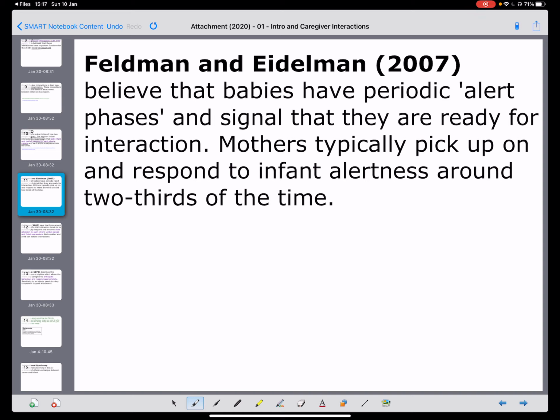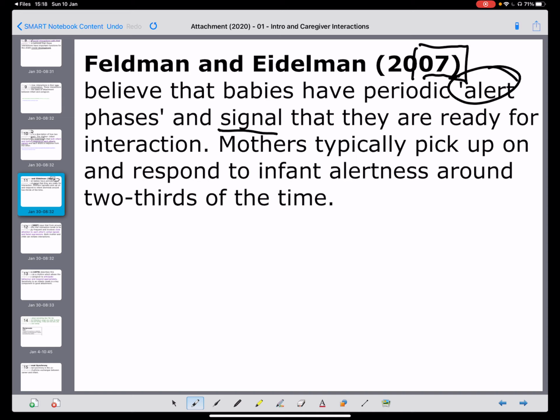There's been a lot of research on this, and the research isn't from the 1960s or 1950s even. It's quite recent, where we are beginning to understand infant reactions a little bit differently. And it says here that babies have periodic alert phases. In other words, they need to sleep, they are growing and all those types of things, but they have these alert phases, which make them want to signal that they're ready for interaction.